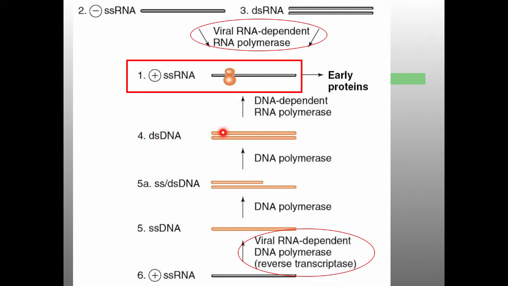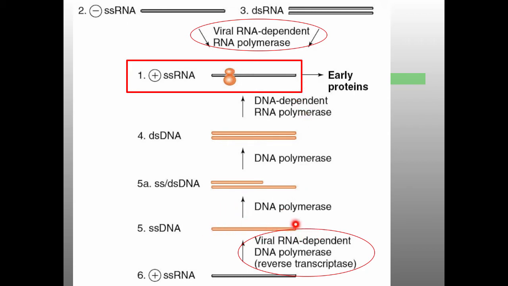You also have, and this is that extra one here, single-stranded DNA, sometimes a mixture of single and double-stranded DNA that's packaged in virions. I can think of this really as a subset of your single-stranded DNA. Single-stranded DNA has to be copied into double-stranded DNA before it can be transcribed and translated.